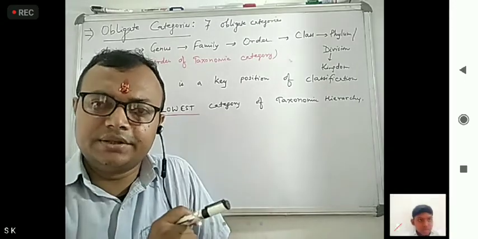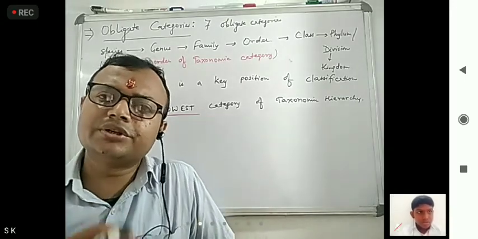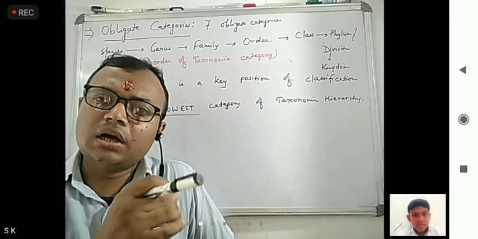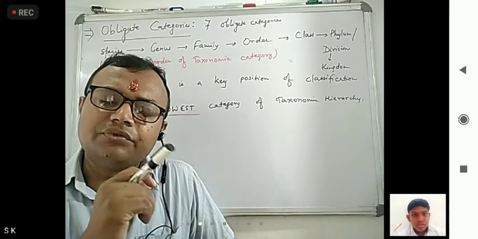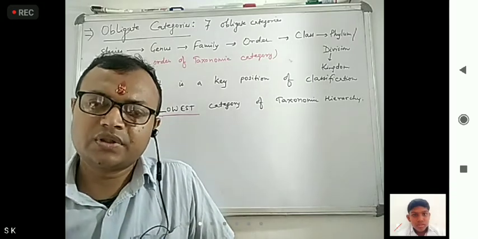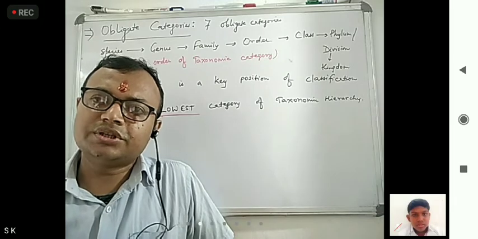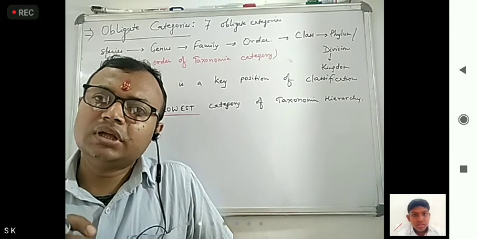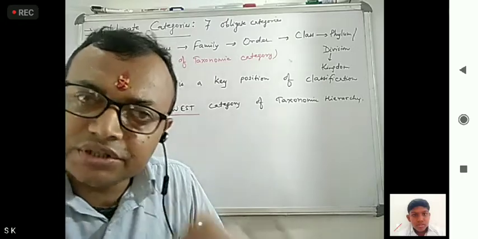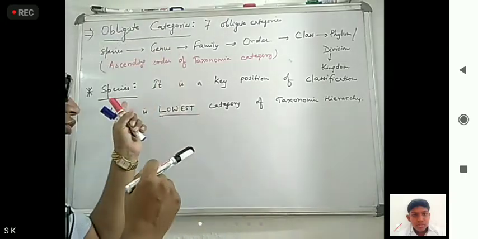If we want to define this, we all belong to a species. We human beings, if we see the scientific name, it is Homo sapiens. Which is the genus and which is the species?